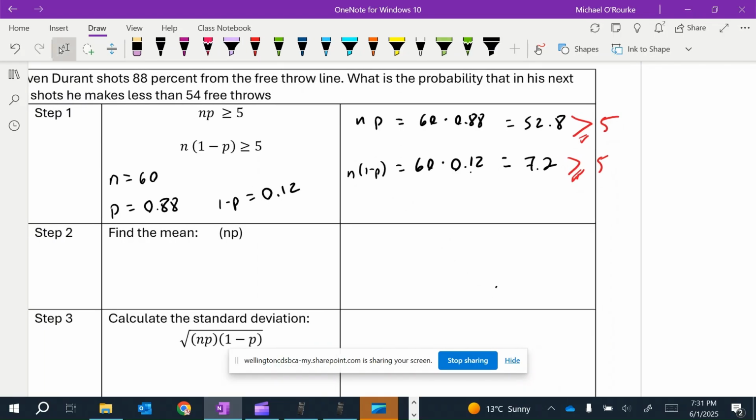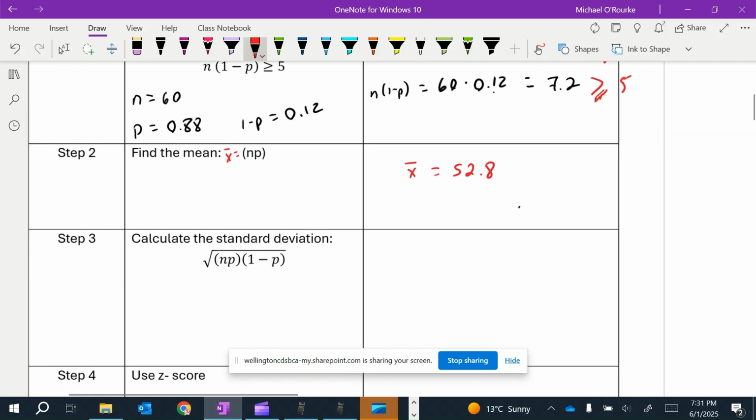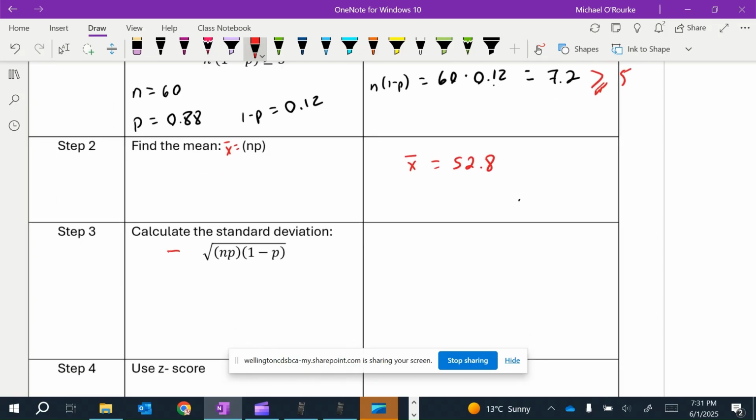Our next step is to find the mean, and our mean is just np. We already found our mean, which is 52.8, so that step's already done. Step 3, we're calculating our standard deviation.